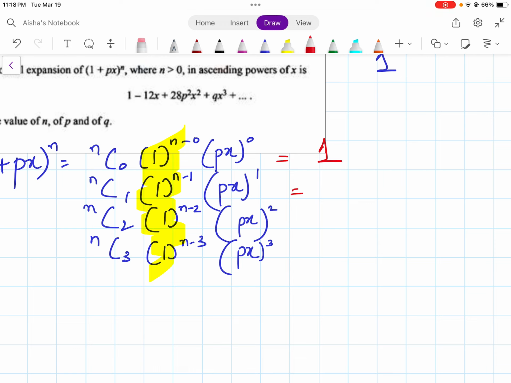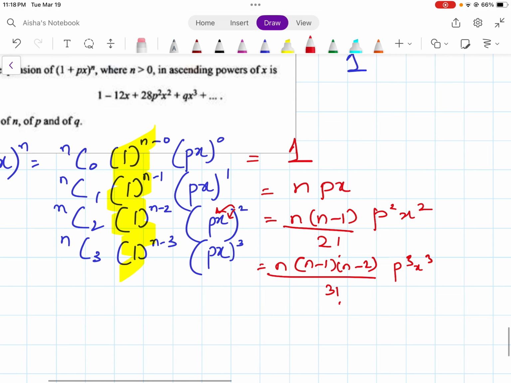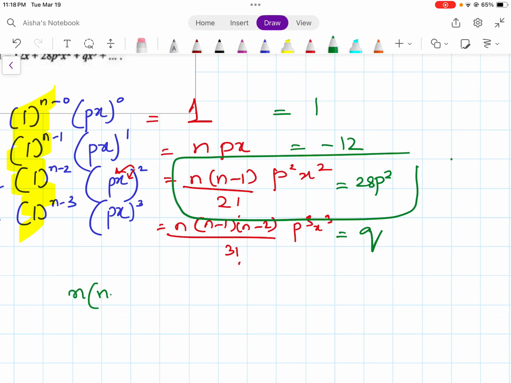Now nC0 is 1, npx, n minus 1 upon 2 factorial p square x square. Remember, this square is applied on both. Now the expansion given to me is 1 minus 12x plus 28p square x square plus q. So I think the only possible way is that I use here n minus 1 p square upon 2 factorial x square equals 28p square x square.